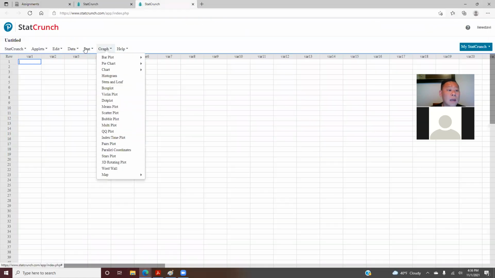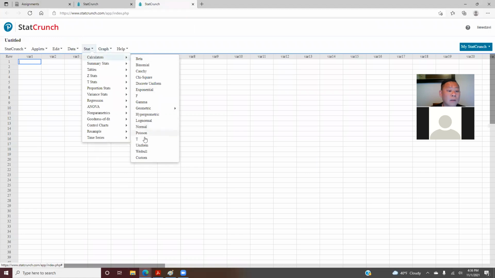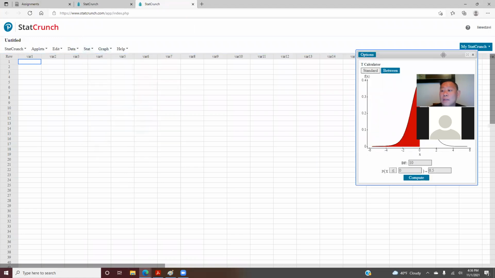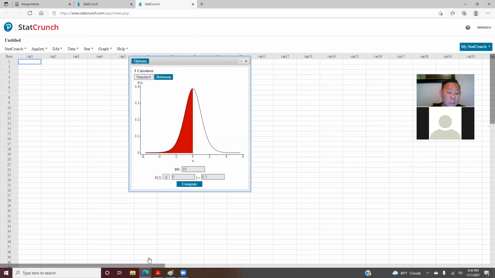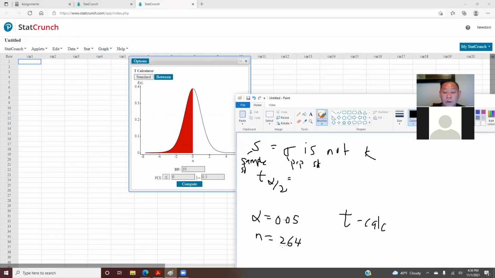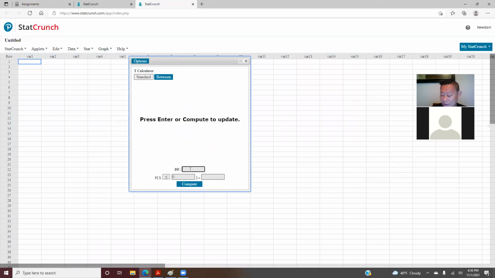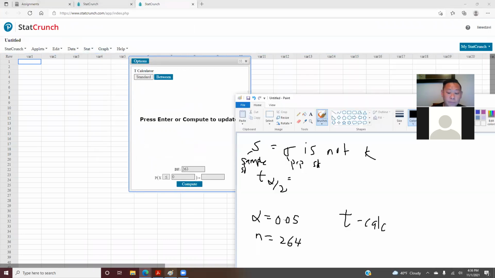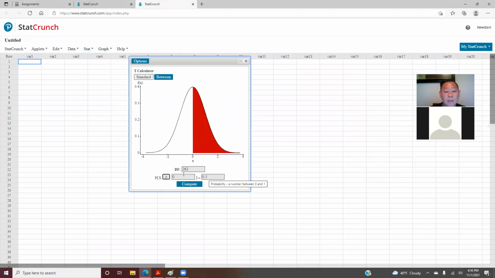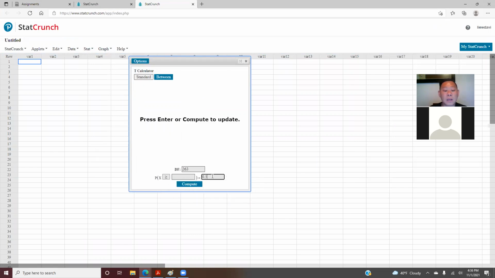You go to Stat, Calculators, T. The first thing it will ask you to put in is the degree of freedom, and the degree of freedom is N minus 1, so it's 263. Then you change it to greater than, and you blank this out. And then you take 0.05 over 2.